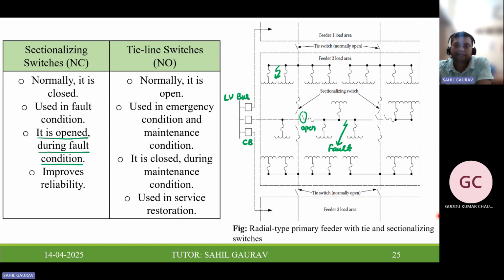Now let us see the difference between sectionalizing switches and tie line switches. Guddu, can you tell the difference between sectionalizing switches and tie line switches? Just mention one major difference.